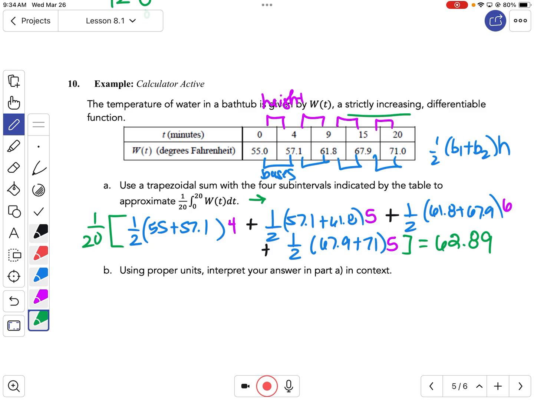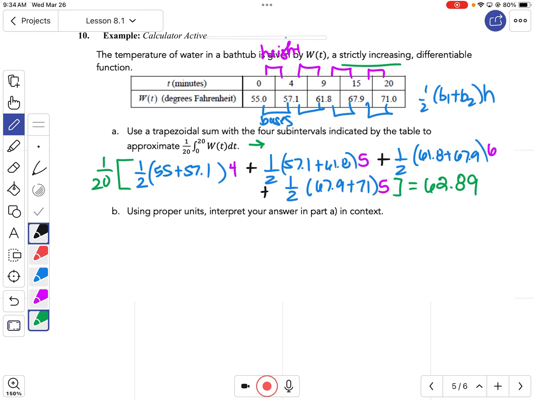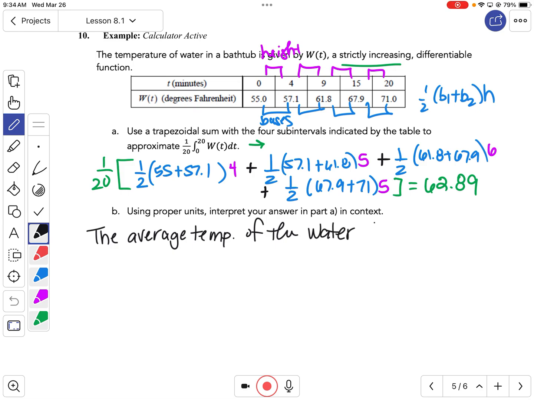Okay. All right. So now it says, let's explain what that is. Using proper units, let's interpret our answer. You just told me that's the average value. Okay. Well, the value we're talking about is the temperature. So we would say the average temperature of the water between t equals 0, and what was t referring to?